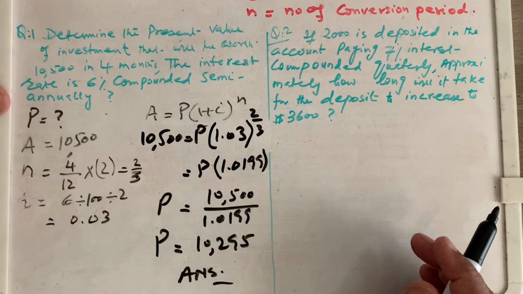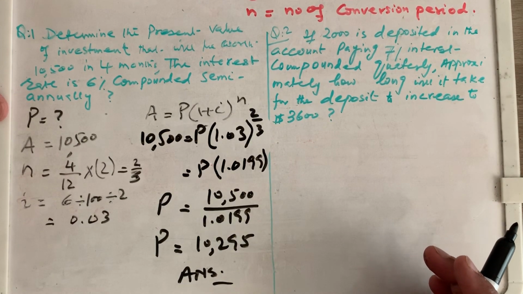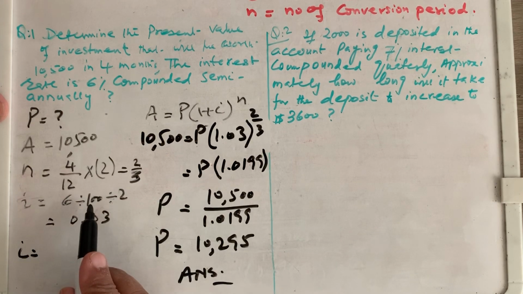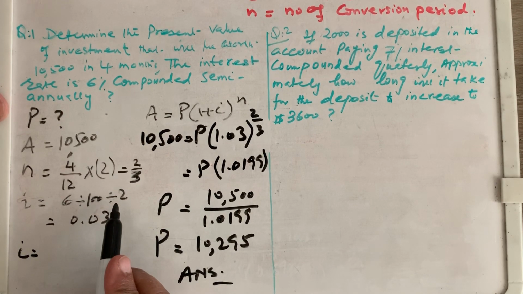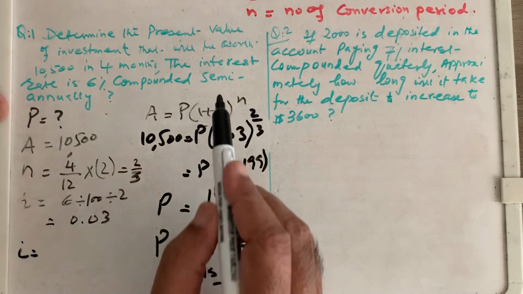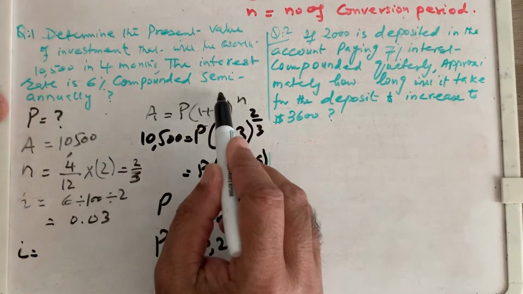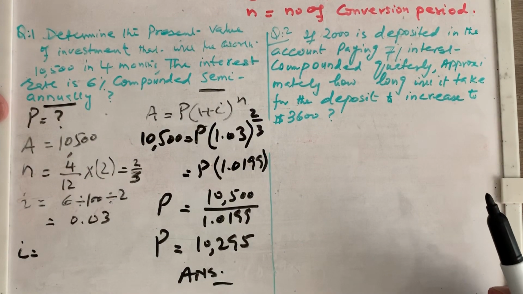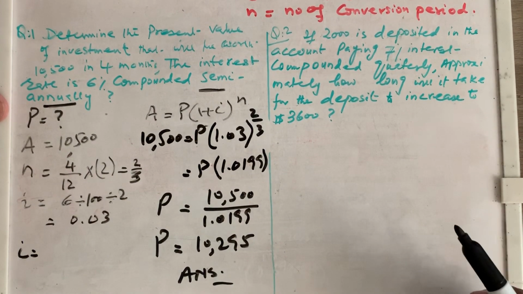What is important here is we need to understand that i, which is the interest rate, must be divided by 100 and divided by the frequency. And how can I read my frequency? Compounded semi-annually. Semi-annually means 2 times in a year. So my frequency is 2.